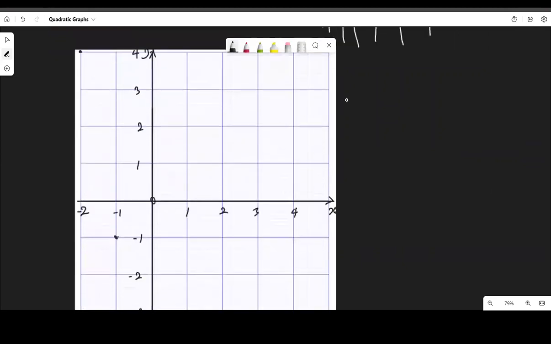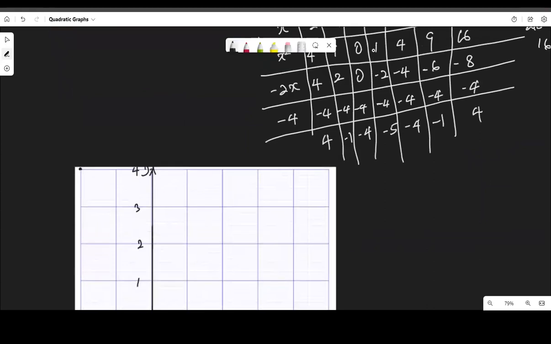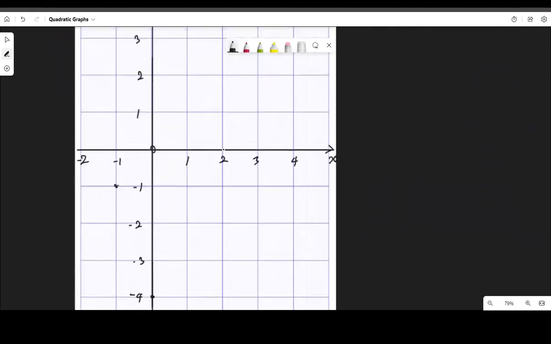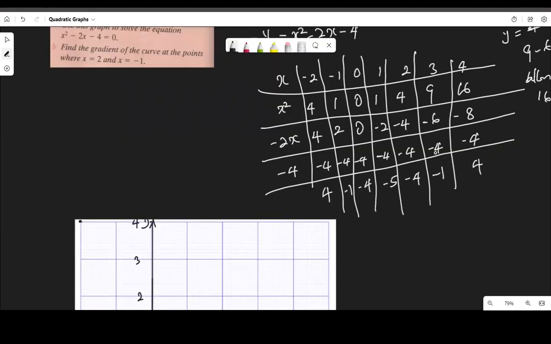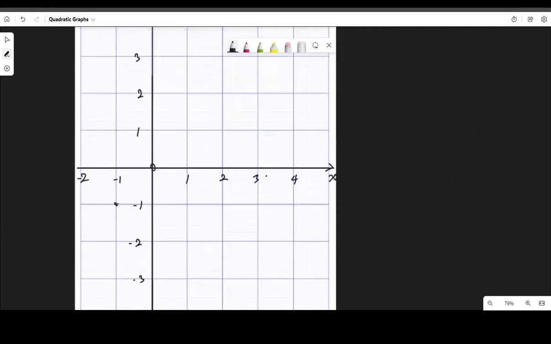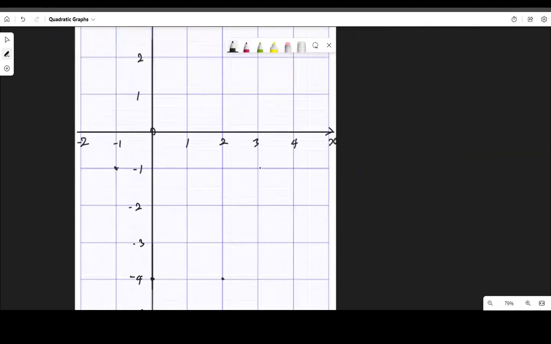When x is 2, y is negative 4. 2 is here, negative 4. We'll trace it down, which is right here. When x is 3, y is negative 1. 3, negative 1 is right here.